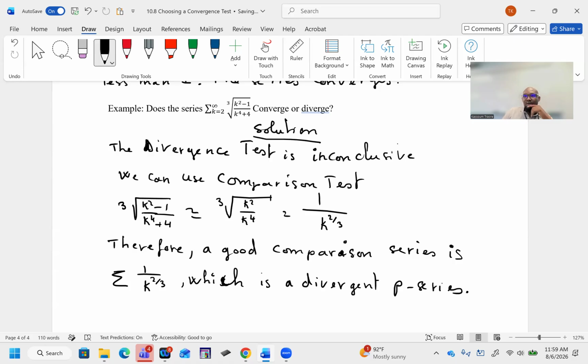So the ordinary comparison test is difficult to apply in this case. Wow. Why? Because this will be my b sub k. This happens sometimes, okay?